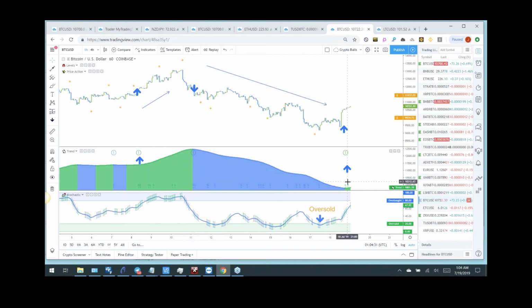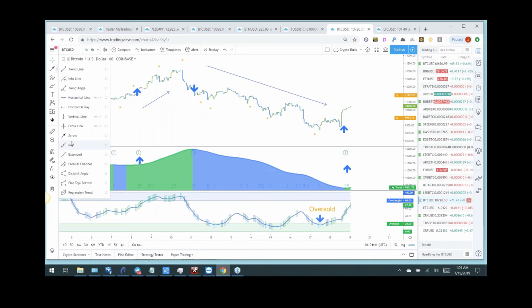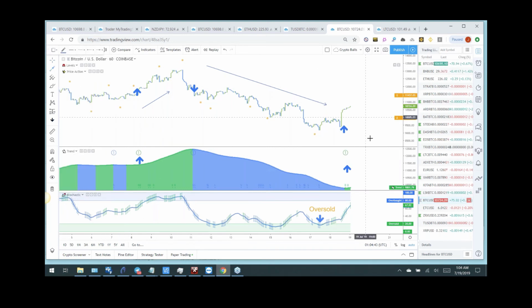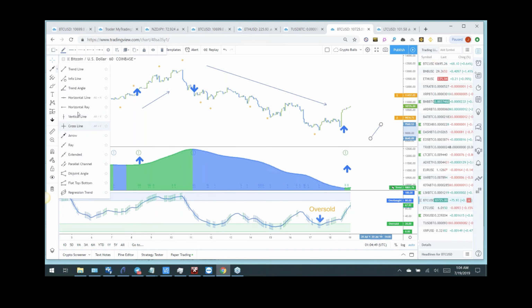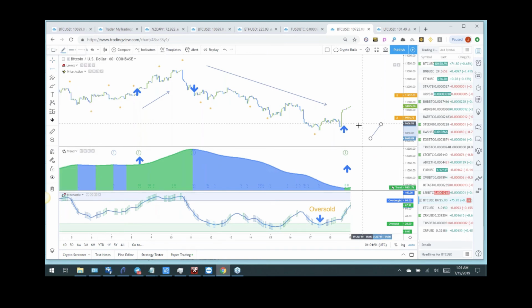Just recently we got oversold, and now we have the possible reversal. So right away, if you're in this market, you're positioned at number 1. You could use this for your stop loss right here, and this right here could be your target.